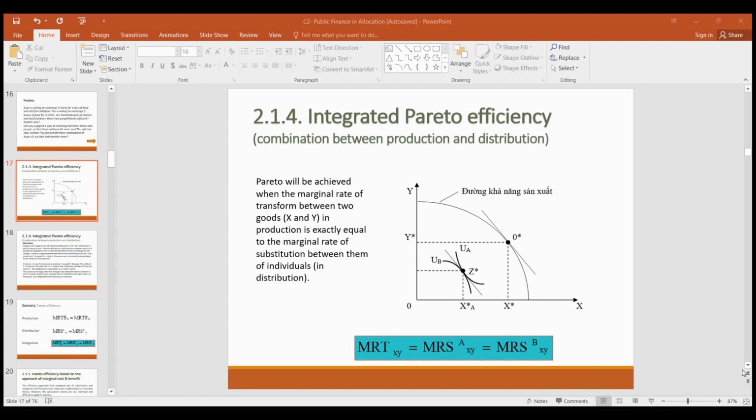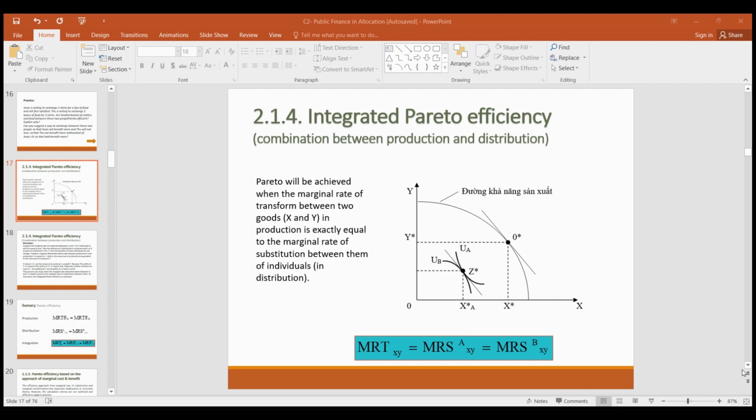At that point, the economy achieves Pareto efficiency because there is no further resource reallocation option to create additional value for society. The conditions of integrated Pareto are shown in Figure 2.4.